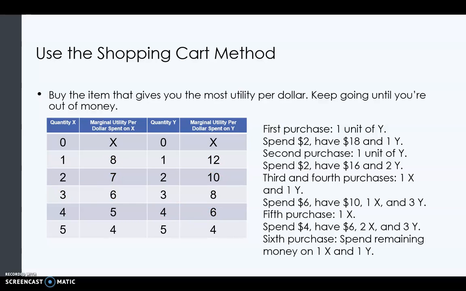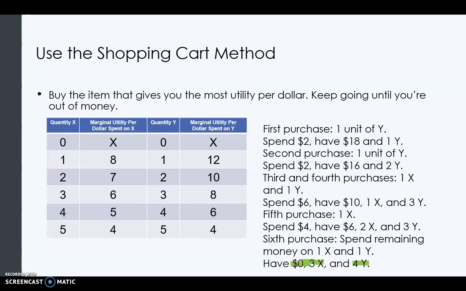So, we're going to buy 1x and 1y. That's going to use all the rest of our money here. That's going to give us no money left. So cool. We have consumed all that we can. We have 3 units of x and we have 4 units of y. We now know what the optimal consumption bundle is.